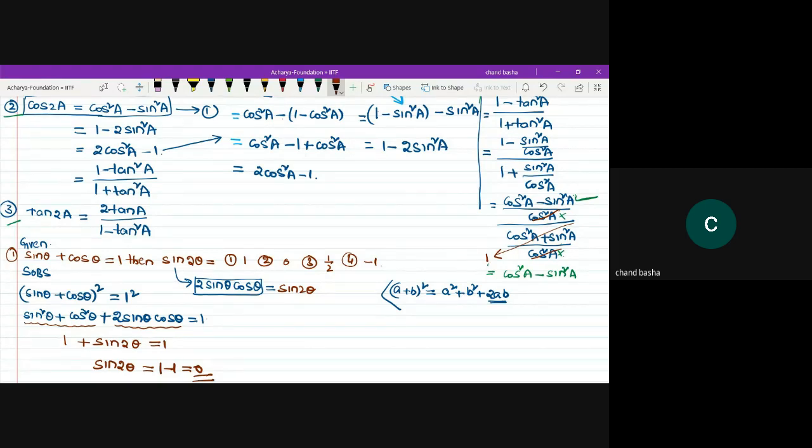So 1 plus sin 2 theta is equal to 1, and sin 2 theta is 0. According to your options, option 2 gives the correct answer for the given question. Next problem.